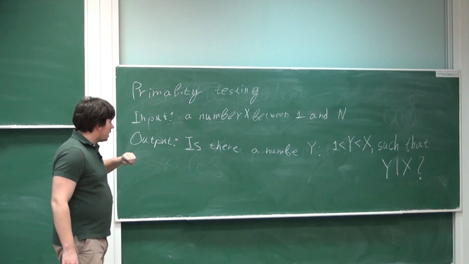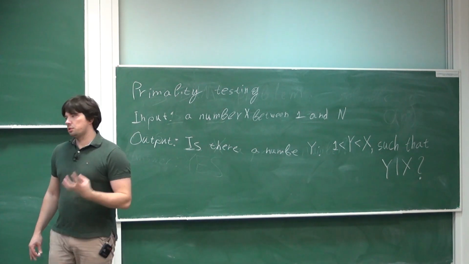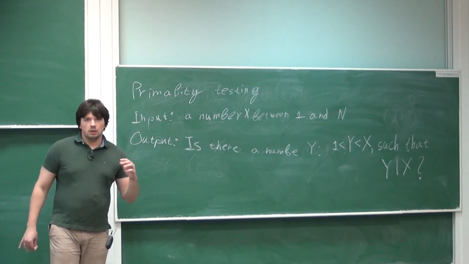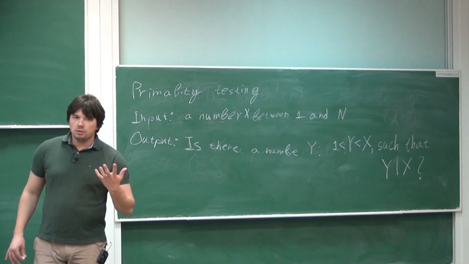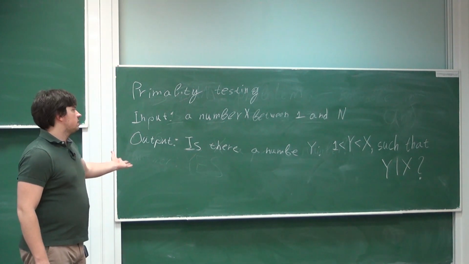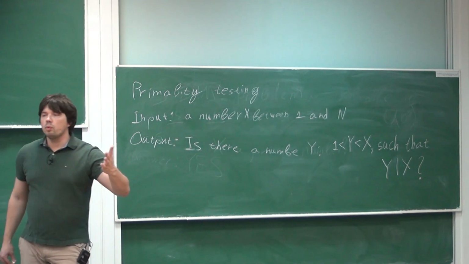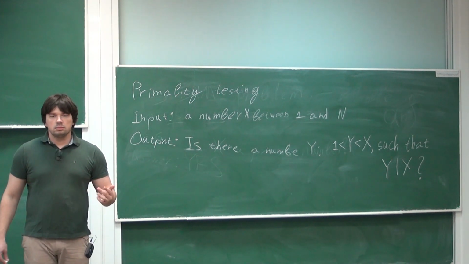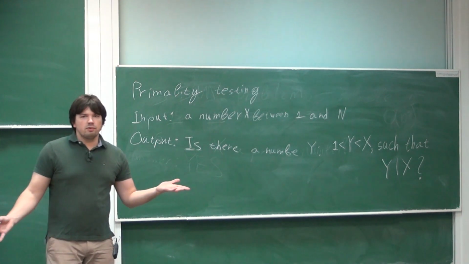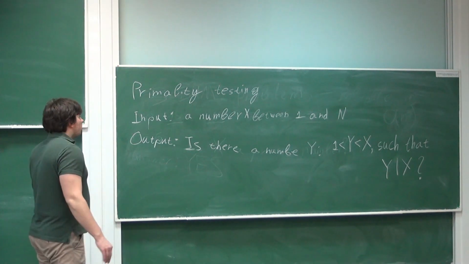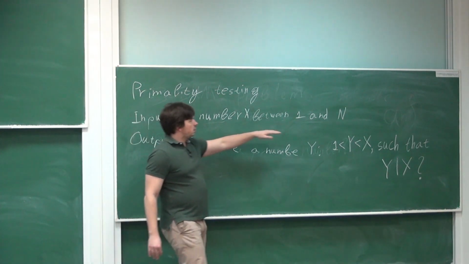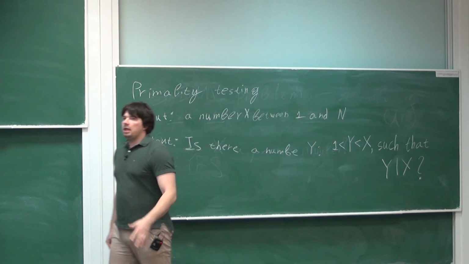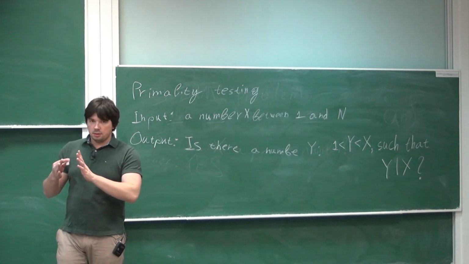So, what would be the brute force solution? How can we solve this problem? One way is to say, let's go through all the y's and check if they divide x. It's pretty straightforward. So we will spend basically linear time in n.